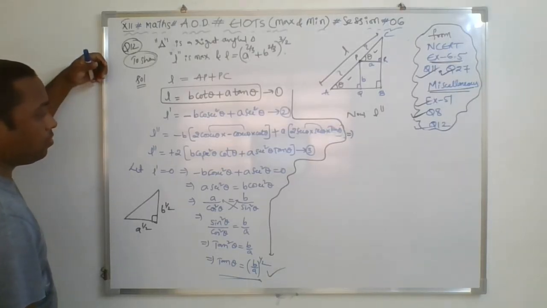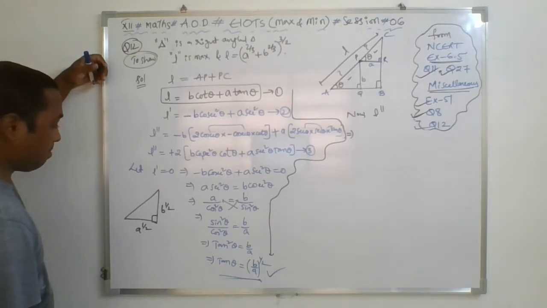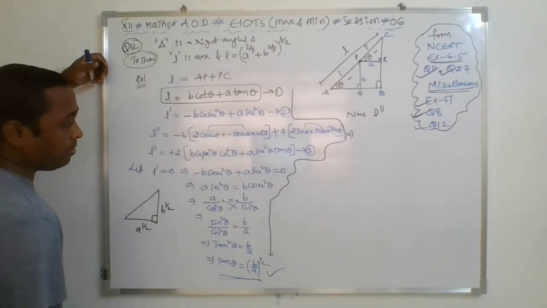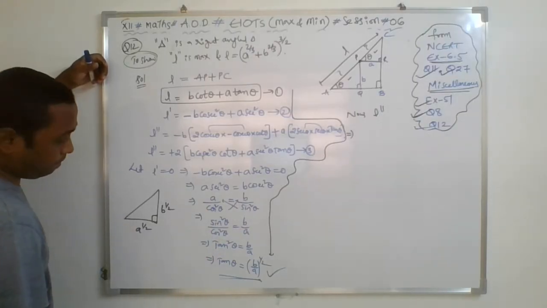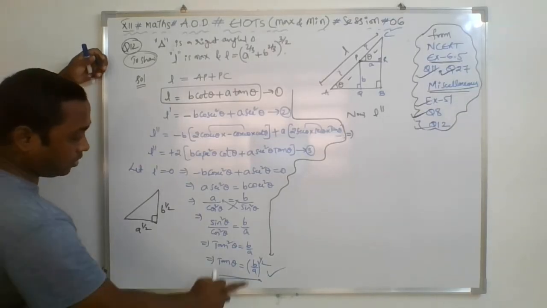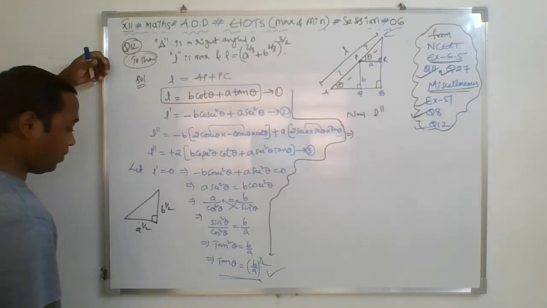Now we have taken this. Before putting in the double dash, we need the third part, so we are writing A by cos square theta, B by sin square theta. So tan square theta, and tan theta is equal to this. So this is perpendicular upon base.